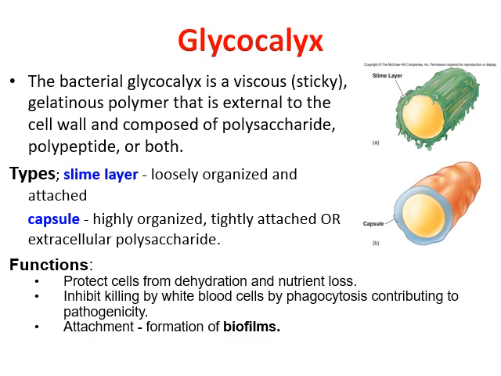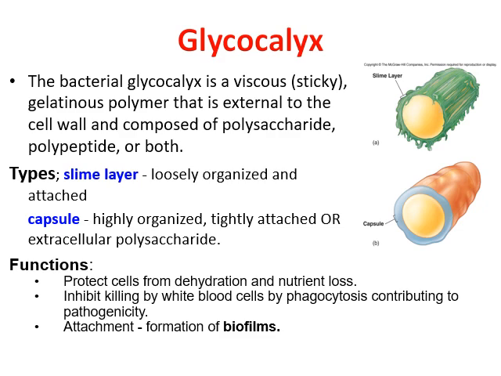You can see here there is a difference between the shape of the slime layer and the capsule. The slime layer is loosely organized and loosely attached to the bacteria, unlike the capsule, which is highly organized and tightly attached to the bacteria.